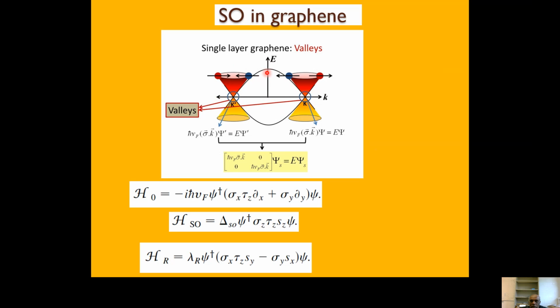So at K we know the energy changes linearly at the Dirac points, because at both K and K prime we have the same energy. We call these two points the valleys. Valleys are the points where you have the same energies.